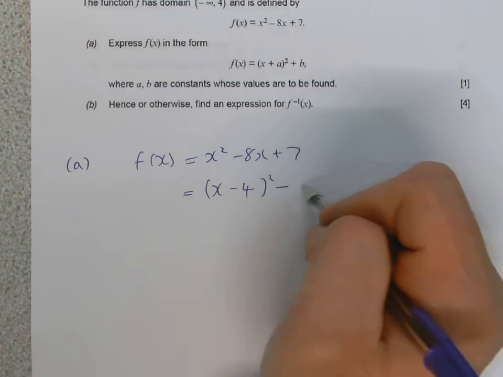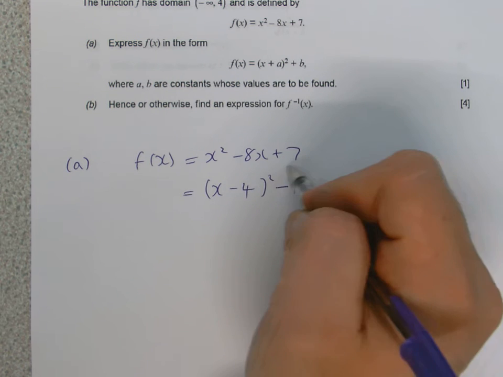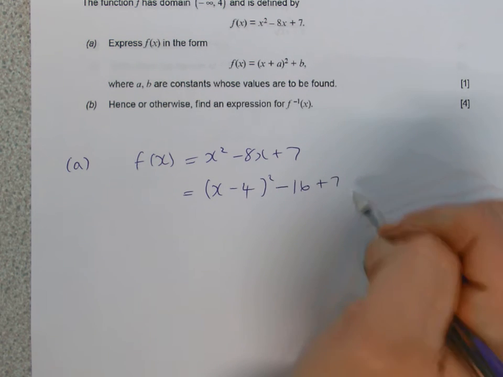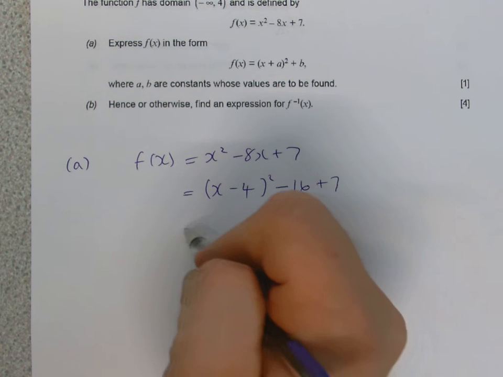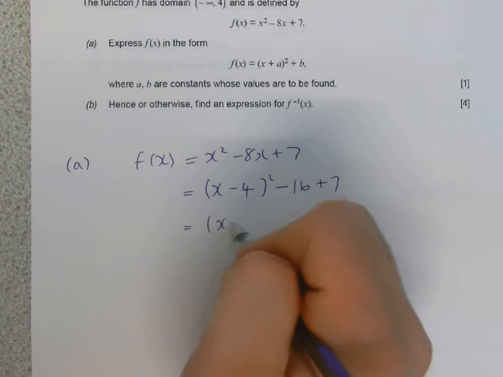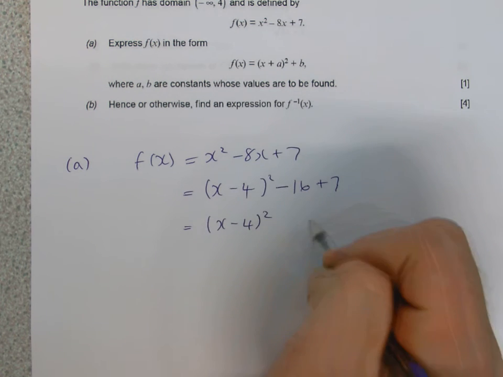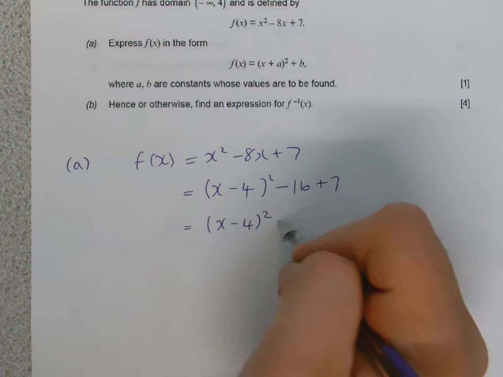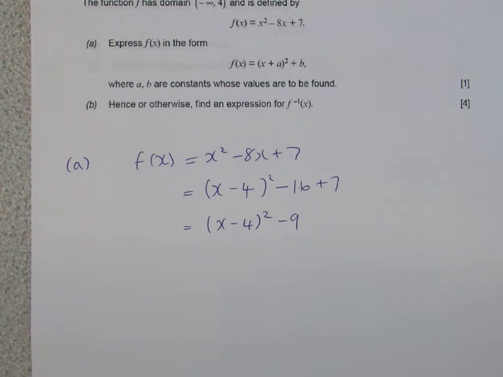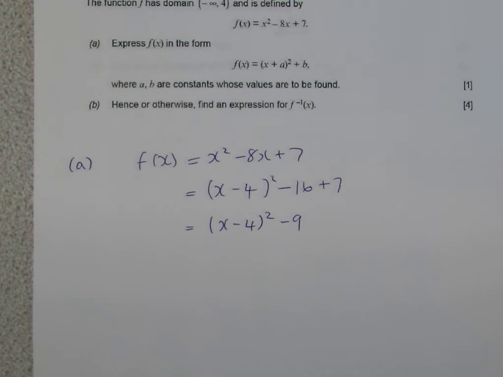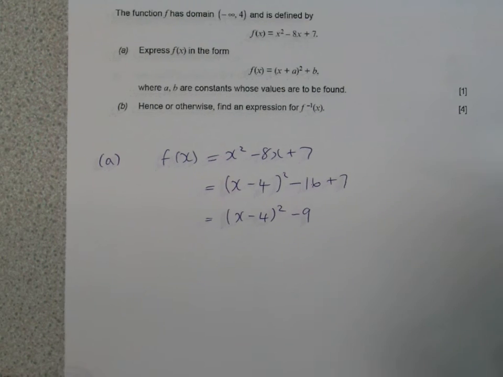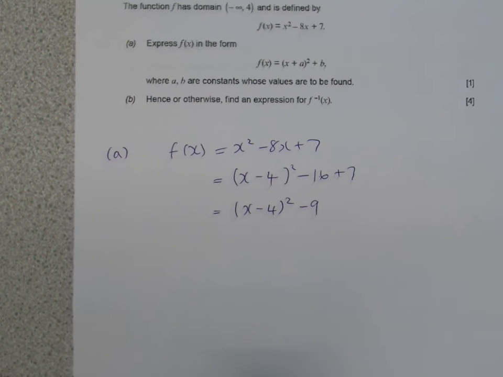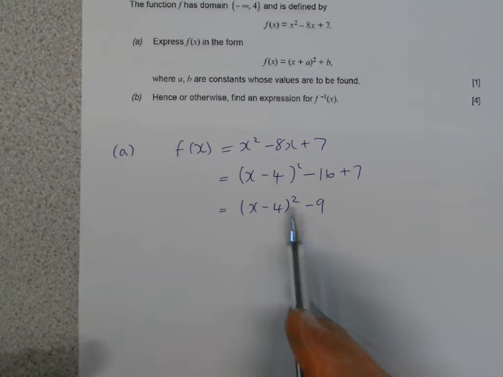When you square 4 you get 16, and then of course you've got to add that 7 on. That's how you complete the square. Then simplify it: x minus 4 all squared, and then minus 16 plus 7 becomes minus 9. So that's part A answered, and we've got our answer in completed square form.